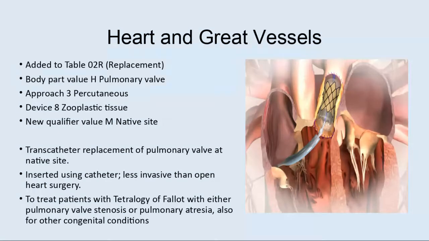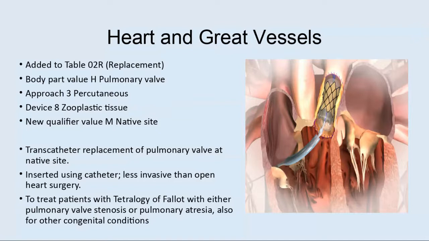Another replacement procedure in the same table is a replacement of the pulmonary valve. This is also in 02R. New body part value H for pulmonary valve, and this is zooplastic tissue and the native site. What this does is use a catheter to replace the valve at its original site.